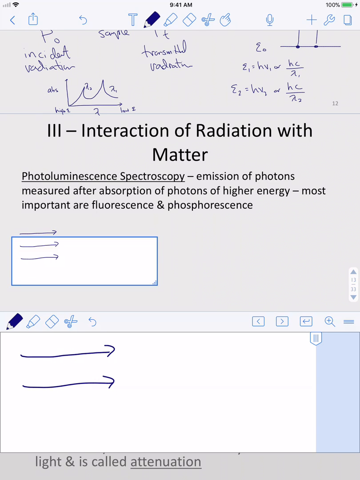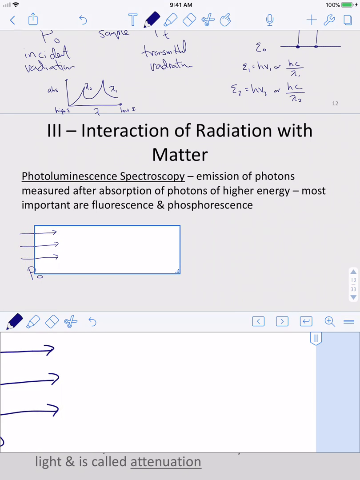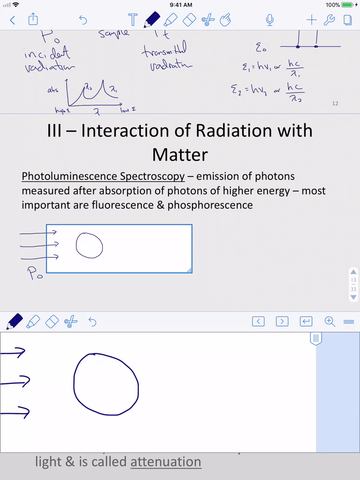So again, this is P0. And there's a particle here. Okay, so some kind of analyte. And an analyte absorbs some of that light and then converts it through a process we're going to look at in a second to lower energy light, or longer wavelengths. And so then it emits in all directions.